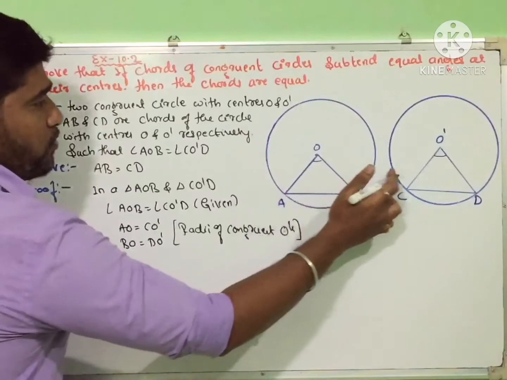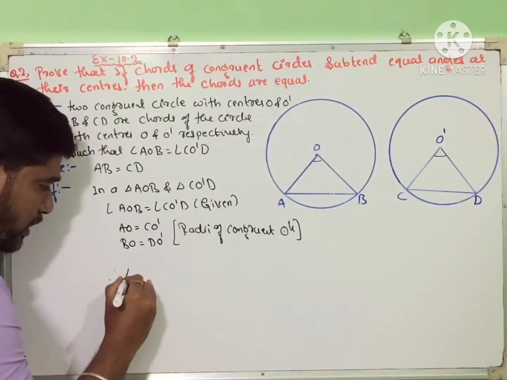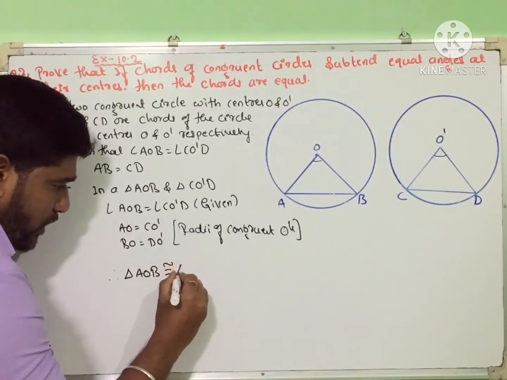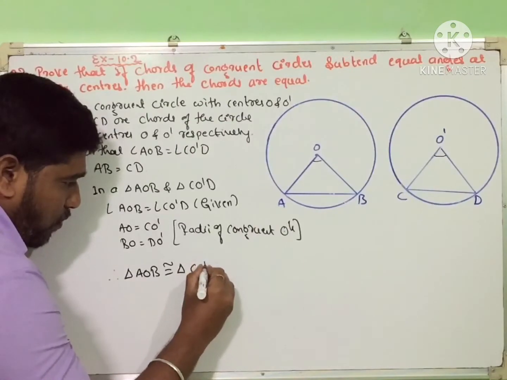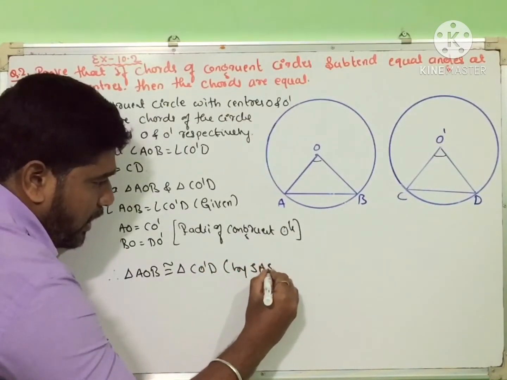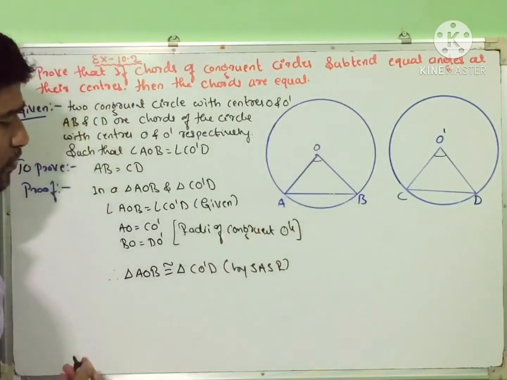So now these two triangles are congruent to each other. So therefore the triangle AOB is congruent to the triangle CO dash D by SAS rule, side angle side rule, right?